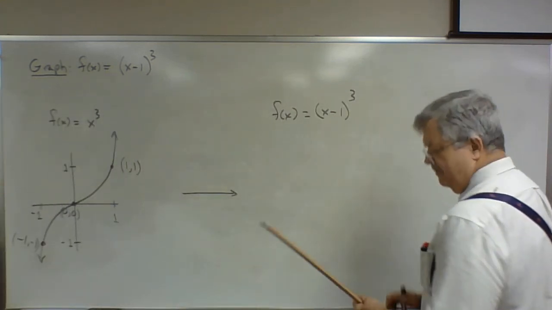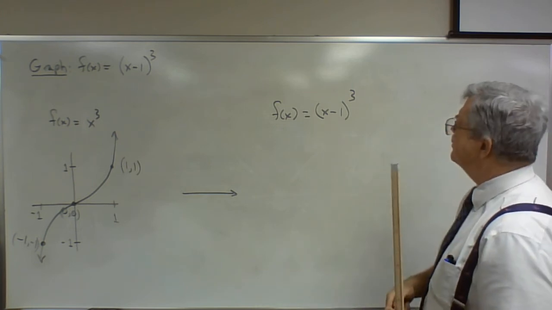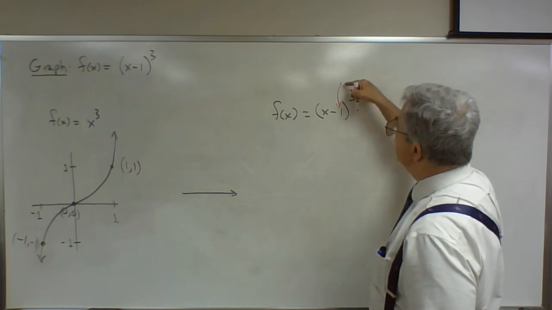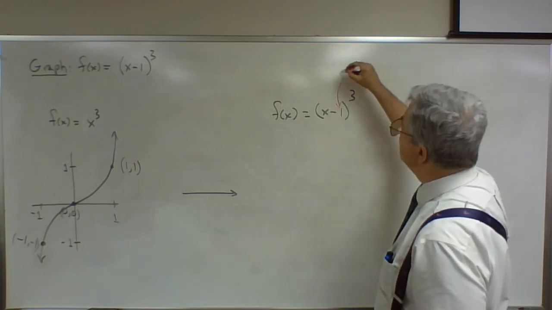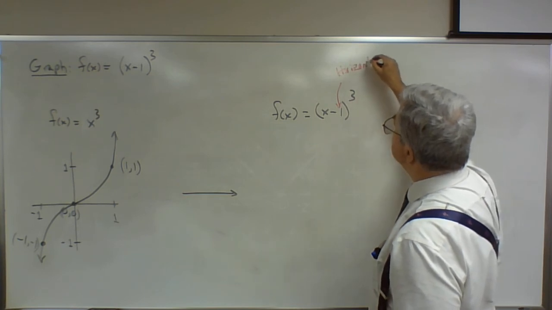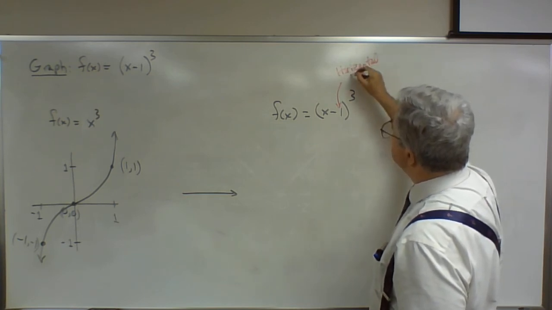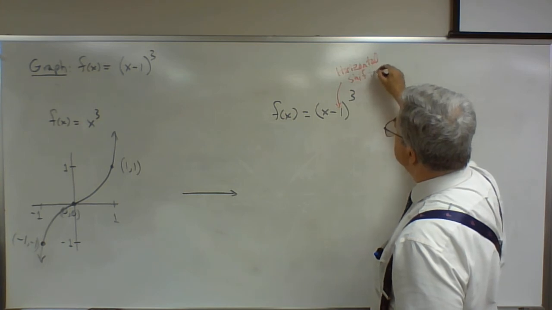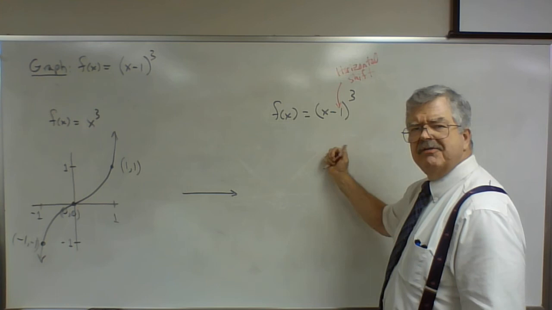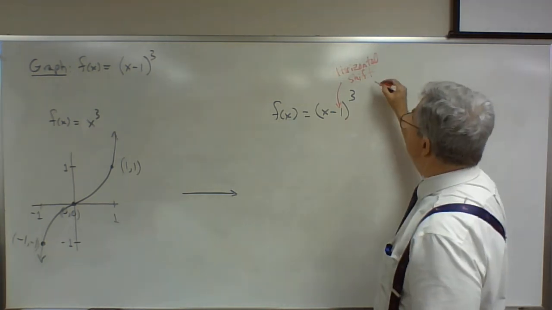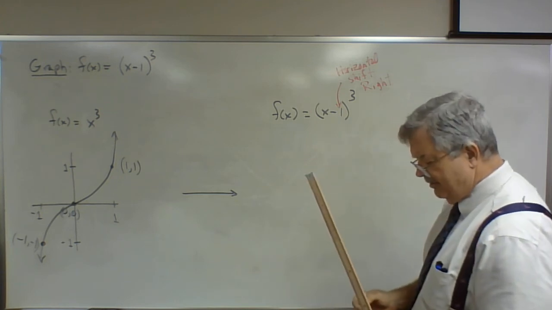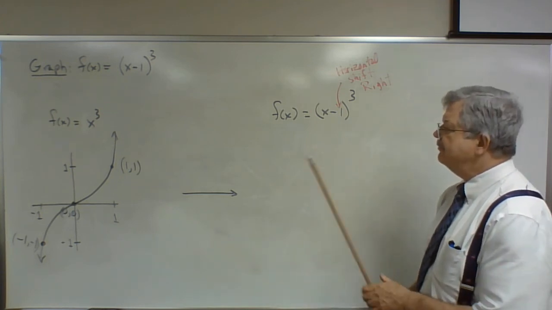It's just going to be, what happens here? This is the thing that does whatever to the original graph. And we say horizontal shift. Let's see, x minus 1, that's going to shift positive direction. It's going to shift right 1 unit.